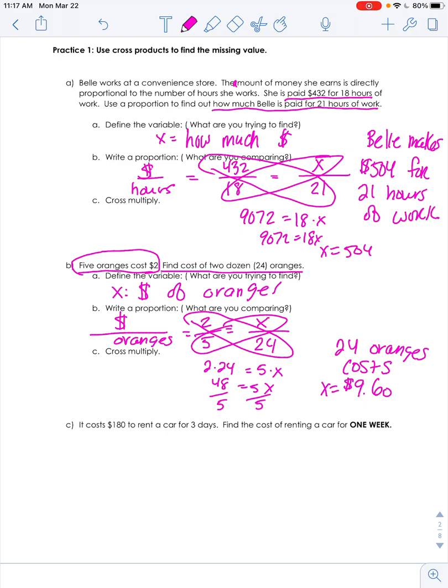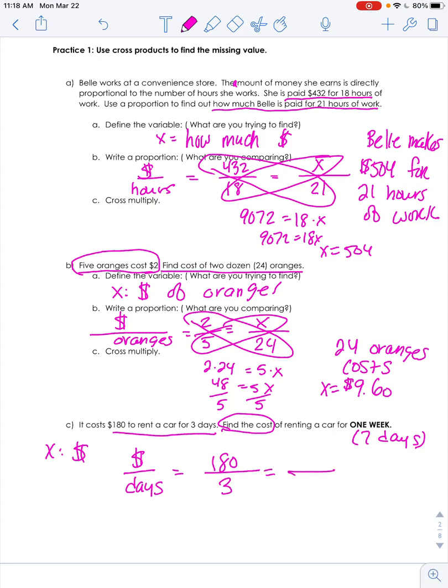Okay, last one. So x, we are trying to find the cost. It costs $180 to rent a car for 3 days. Find the cost of renting the car for 1 week, which is 7 days. So we got money over days. So we got $180 for 3 days. We don't know how much it costs for 7 days.